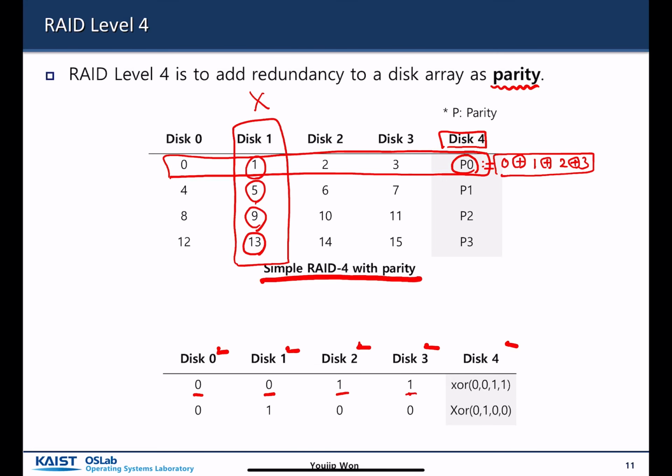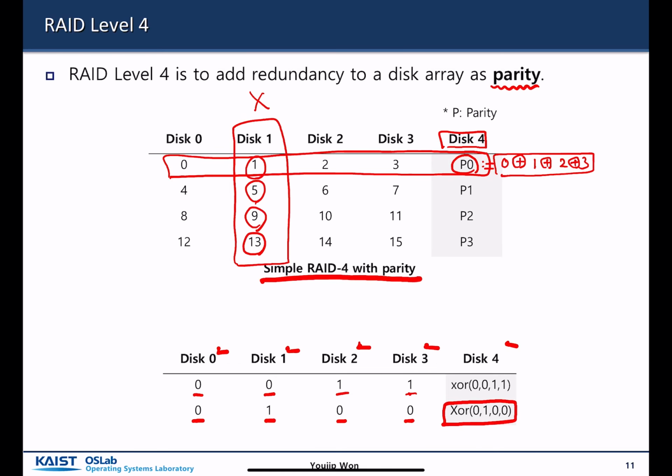And then disk 4 contains the exclusive OR of those bits 0, 0, 1, and 1. Likewise, for another stripe, disks 0, 1, 2, and 3 contain 0, 1, 0, and 0. And then the parity disk contains the exclusive OR of those bits.